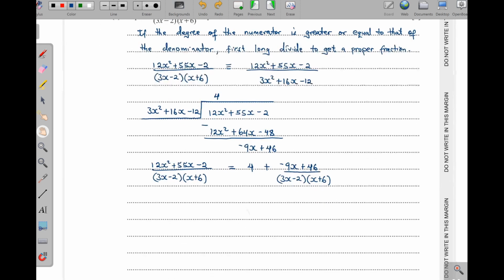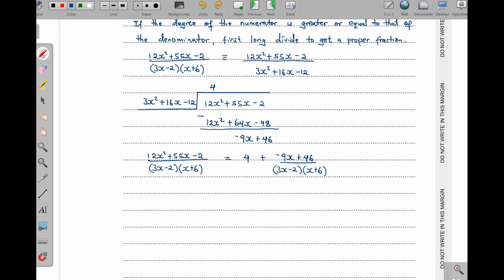What shall we have? We shall have negative 9x then plus 46 out of 3x minus 2, then x plus 6. This one is going to be a out of, these are linear factors, okay? Linear factors, so we split them like that.